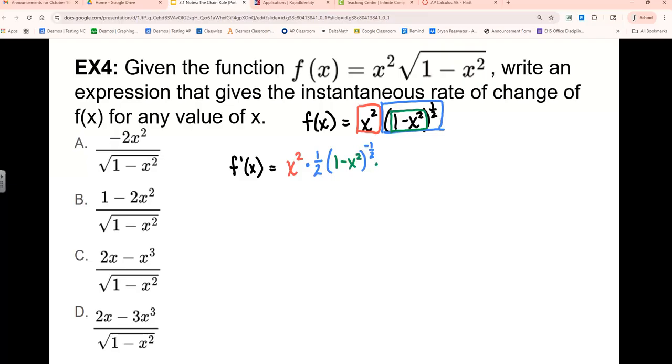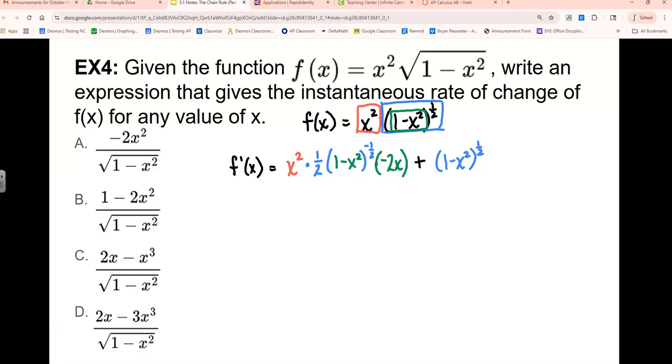And then I got to multiply that by the derivative of the stuff on the inside. What is that going to be? A negative 2x. It might even be a good idea here to use some parentheses. You want to make sure you're not doing minus 2x right there, because when you end up with that negative, sometimes you make it look like minus. Plus, we got our g of x stuff, which is 1 minus x squared to the 1/2.